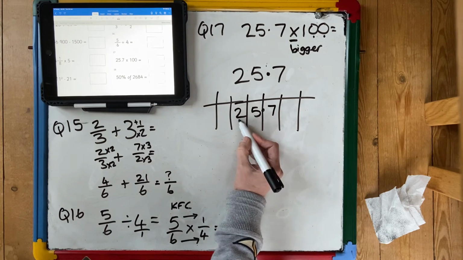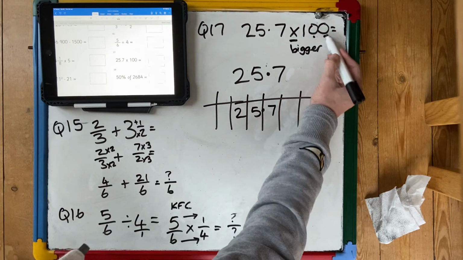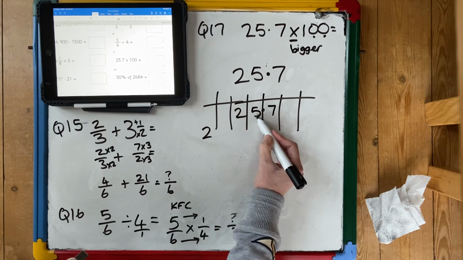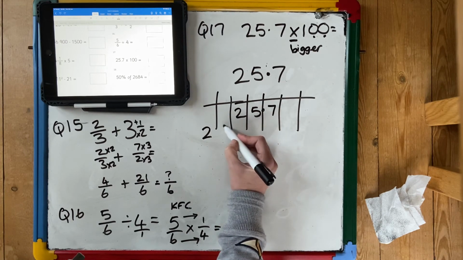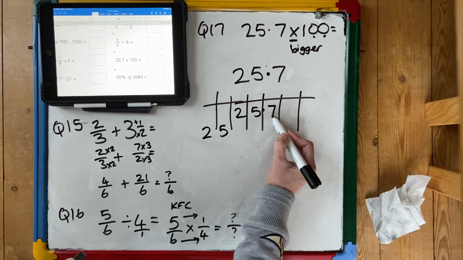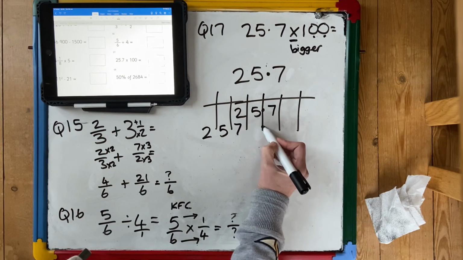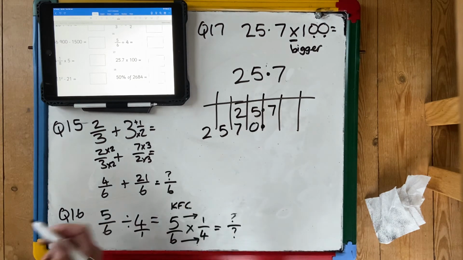So pick up the 2, move it 2 places, 1, 2. Pick up the 5, move it 2 places, 1, 2. Pick up the 7, move it 2 places, 1, 2. Because the decimal point is there, I need a placeholder there, a 0. And there's your answer.